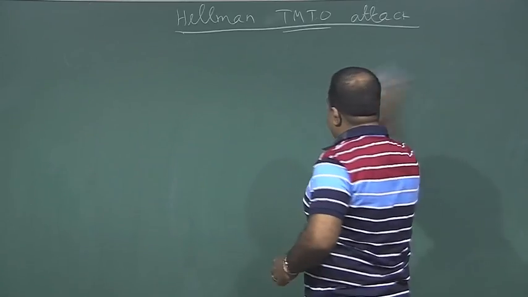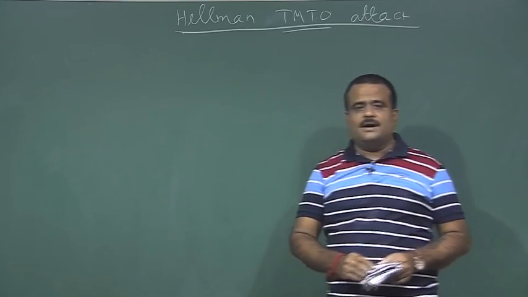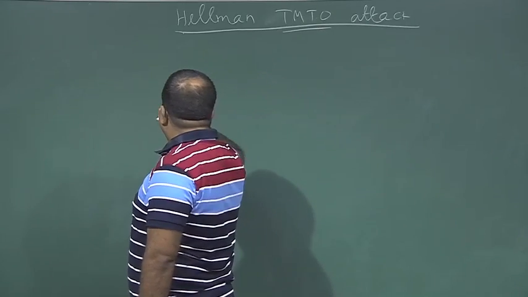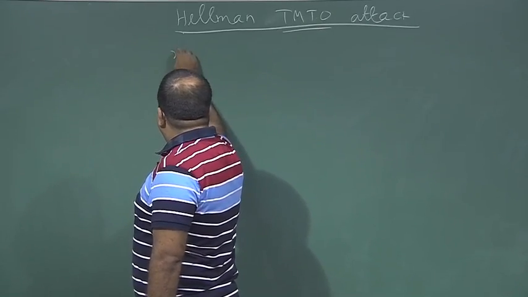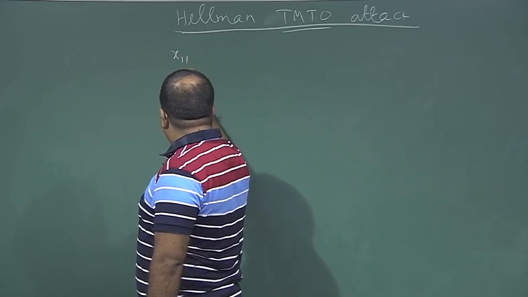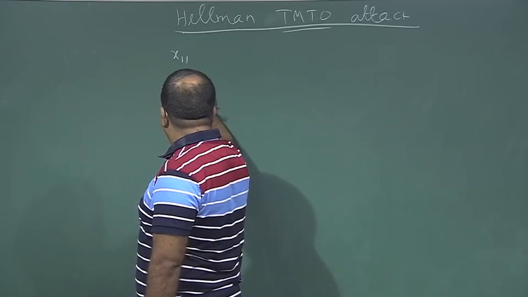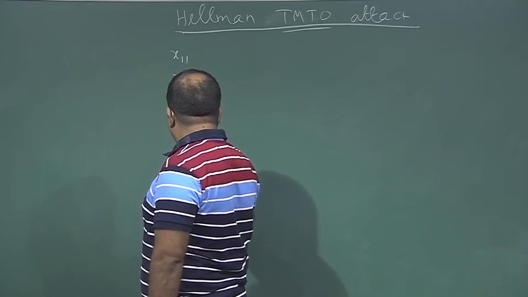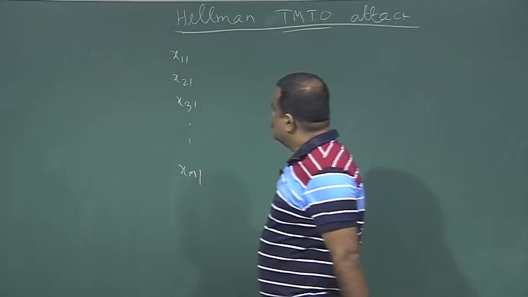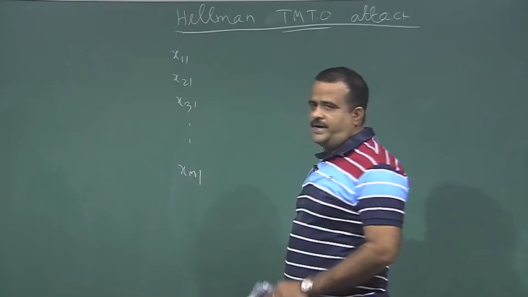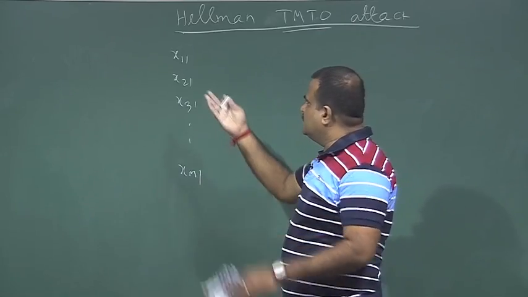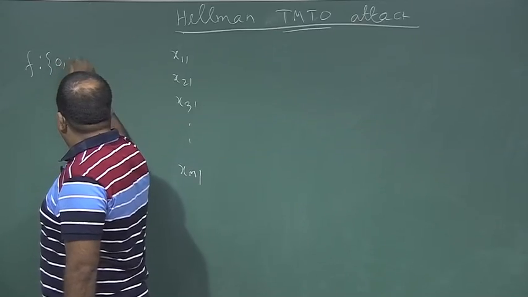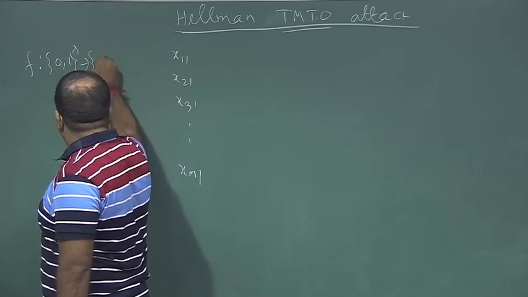Hellman. So, what did Hellman do? Hellman computes a table like this. Hellman chooses some points, say x 1 1, x 2 1, these are called start points. Hellman chooses randomly m points, all s bit numbers, since our f is s bit to s bit.